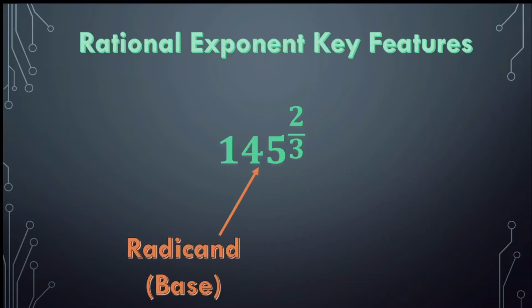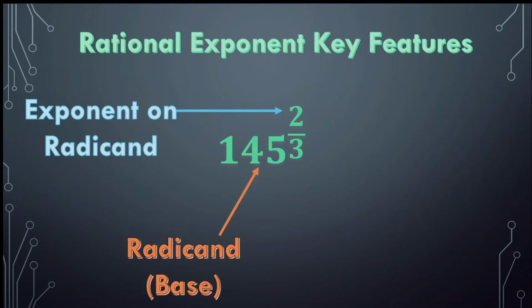So the base is the radicand. Then when we have a fraction exponent, our numerator will be the exponent that goes on the radicand. Now, the denominator is basically our root or our index.